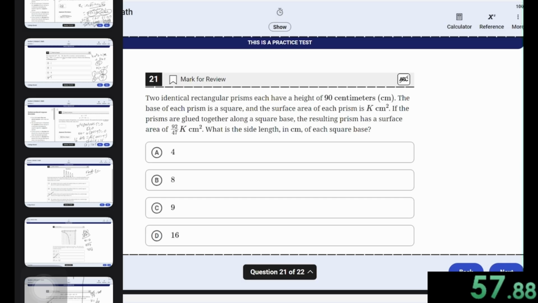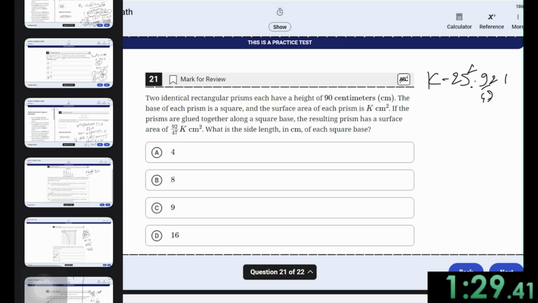If the base square was s multiplied by s, s square, they are combined going to lose 2s square, because there are two prisms. So the total surface area remaining will be k minus 2s square, which is equal to 92 by 47 k.